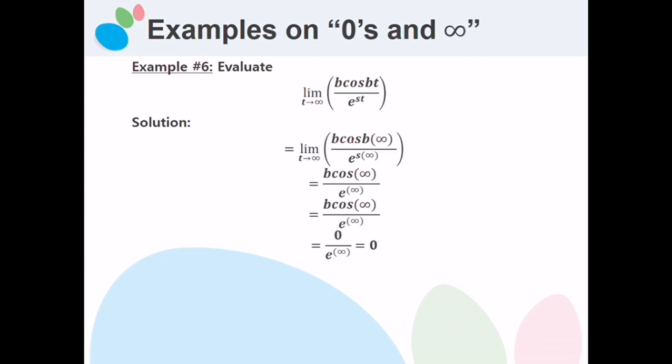So b cosine of b times infinity, divided by e raised to s times infinity. Infinity is a huge number, so s times infinity is infinity, and b times infinity is also infinity.